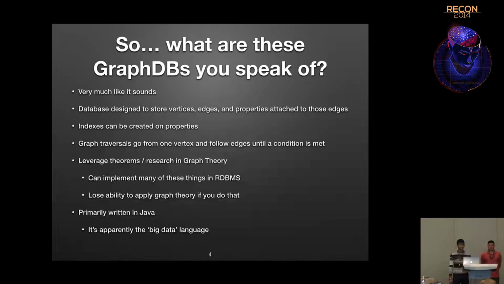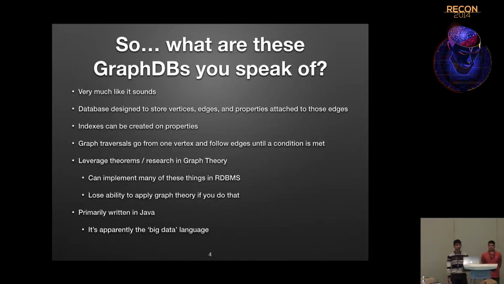One of the nice things about graph databases is that you can take advantage of graph theory that Jason and I both learned while we were in school. You can apply it in a more formal way and get a better idea of how a program is executing, because a program has a tree graph-like structure.